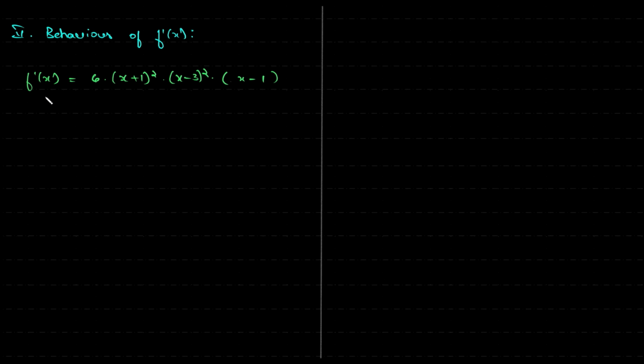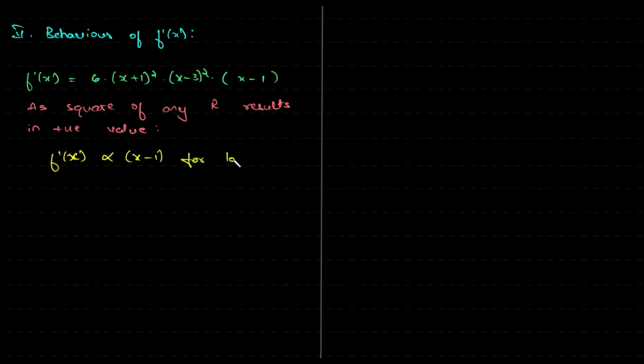See, we have squares of numbers and we are looking at the behavior of whether it's going to be positive or negative. Squares of numbers always result in a positive number. So we can tell that the square of any real number results in a positive value, then f prime of x is proportional to x minus 1 for discussing its nature.